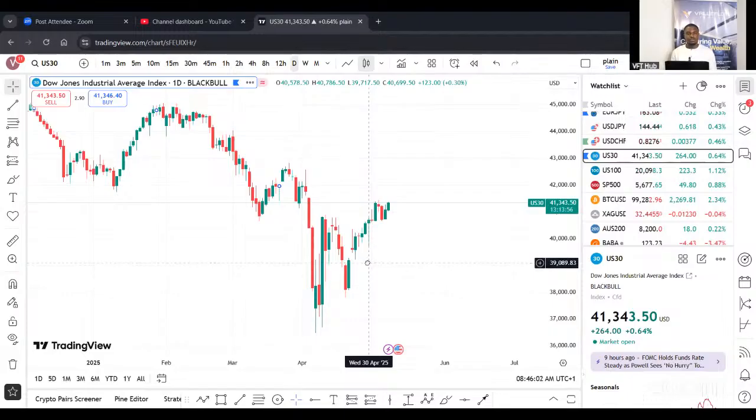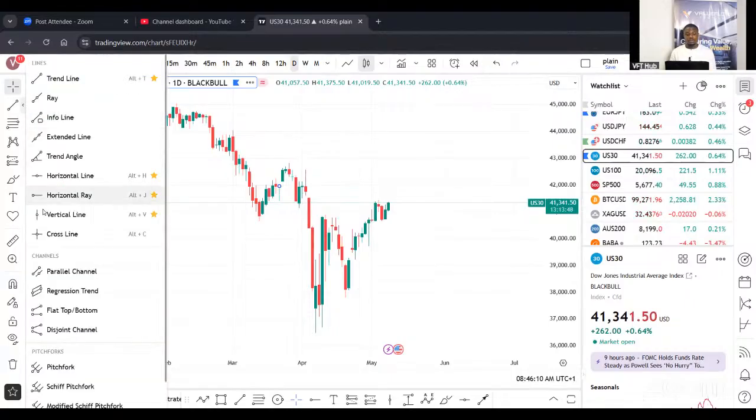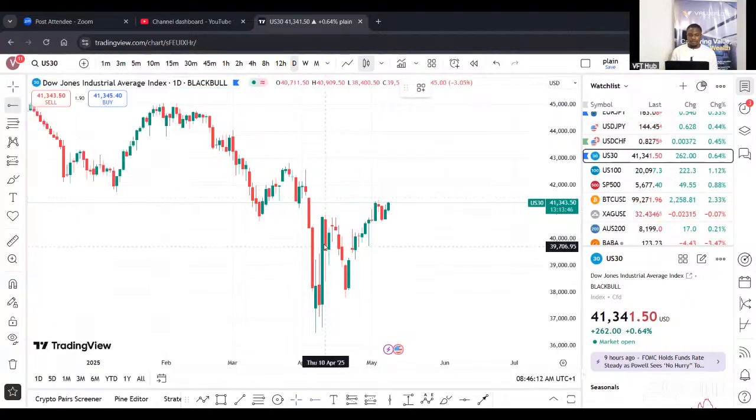The market sold off heavily, and that was the beginning of the tariff war that started with US and China, and other countries of the world, but particularly US and China, right? But the market is now beginning to correct itself.